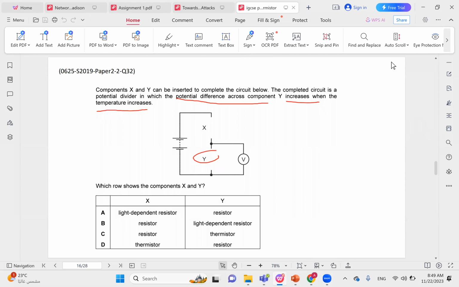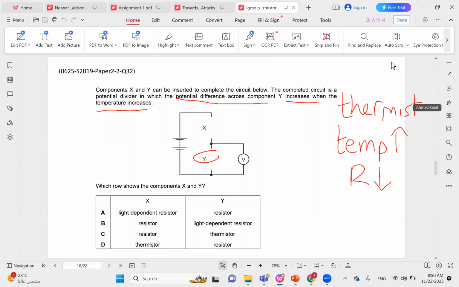So let's analyze this. What happens when the temperature increases? When the temperature increases, the resistance decreases for the thermistor. So this is for the thermistor. As the temperature increases, the resistance decreases. And as the resistance decreases, the voltage or the potential difference decreases.